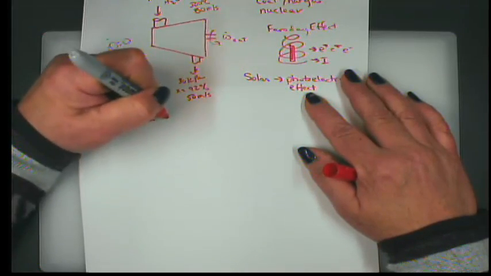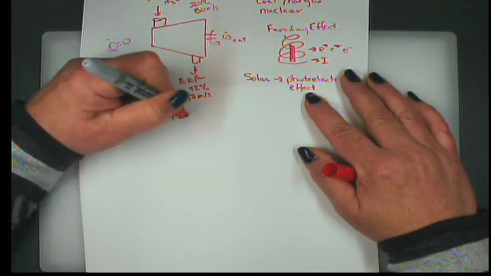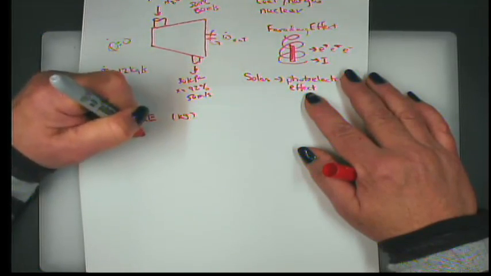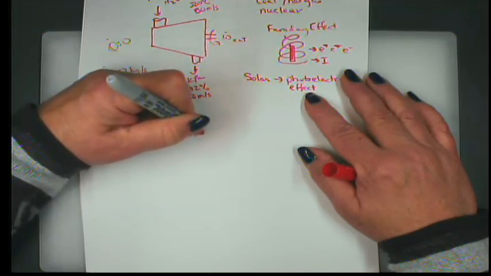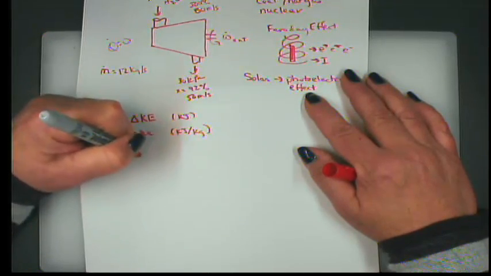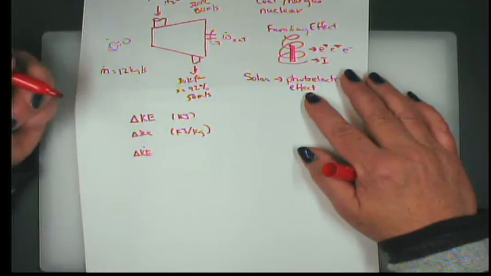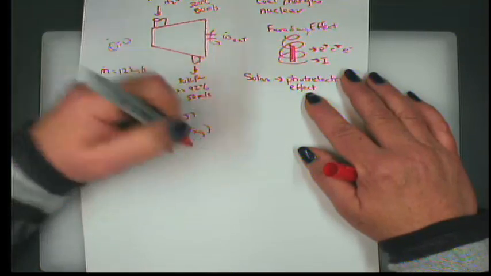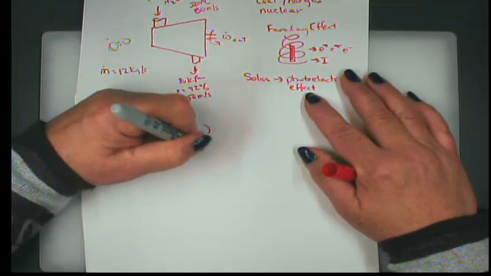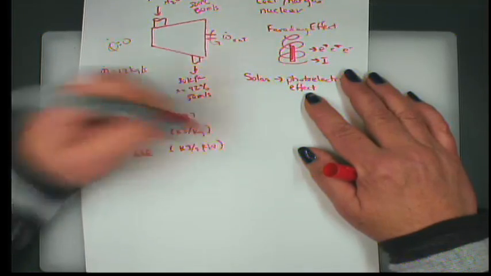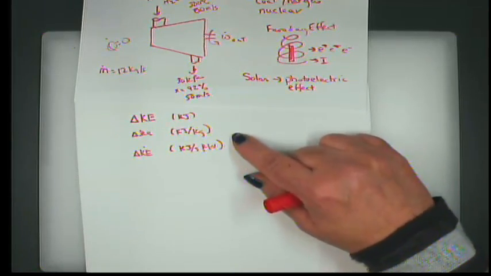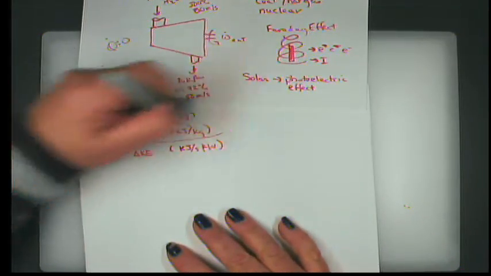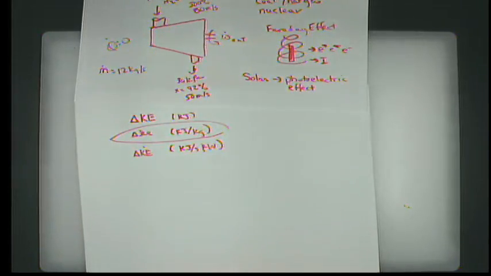We could look at kinetic energy in terms of kilojoules, or kinetic energy per unit mass, which would be in kilojoules per kilogram, or the rate of change of kinetic energy, which would be in kilojoules per second, which is a kilowatt, right? This problem really doesn't specify, but if you look at the answer, it's in kilojoules per kilogram, so we're talking about that to get the same answer as the rest of the problem.